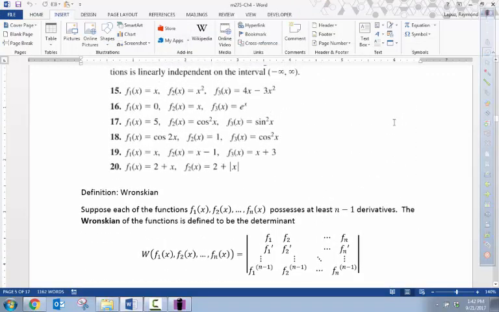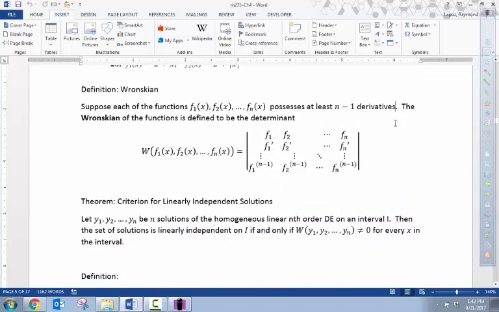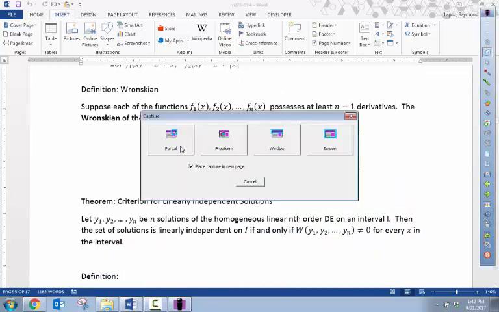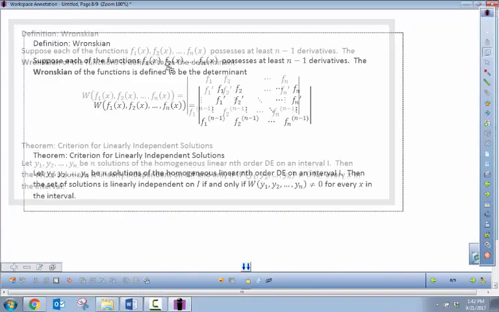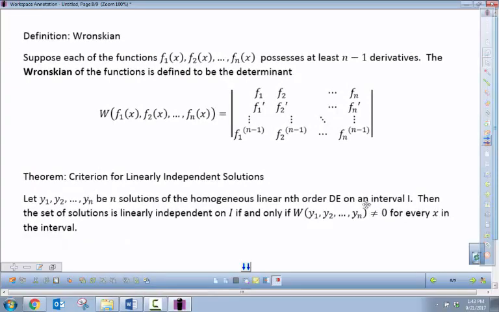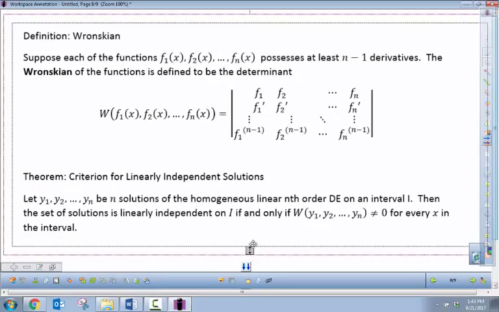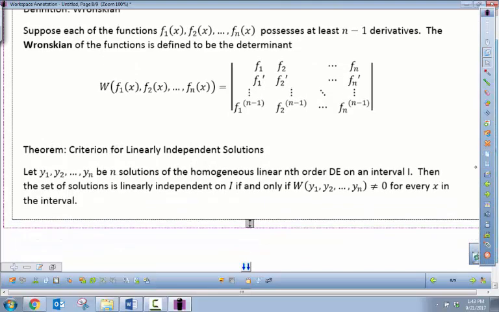Wronskian. Wow. They're really putting all the theory up front here. Have you dealt with matrices before? If you haven't, here we go. The Wronskian is the determinant of a matrix that's built from a set of functions and their derivatives.